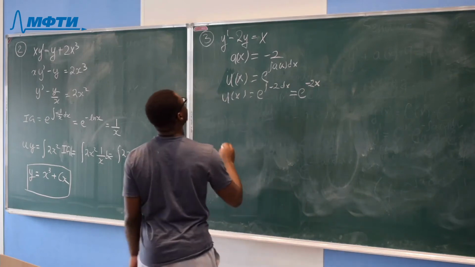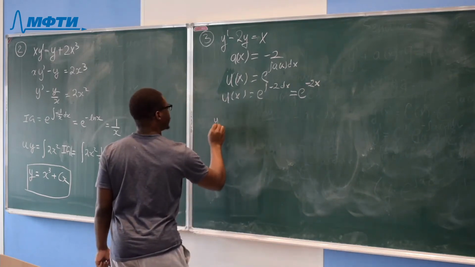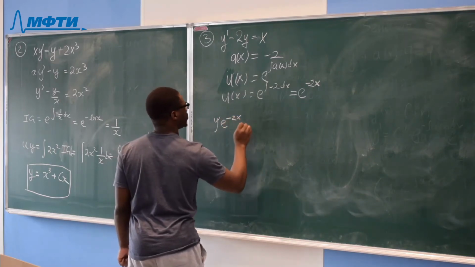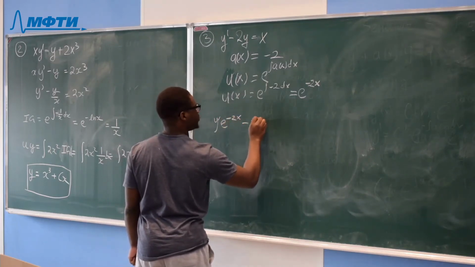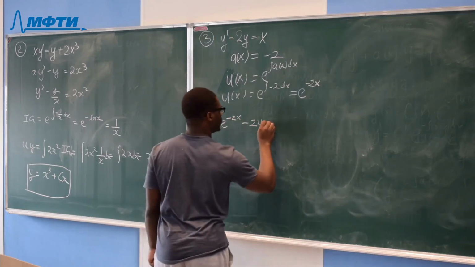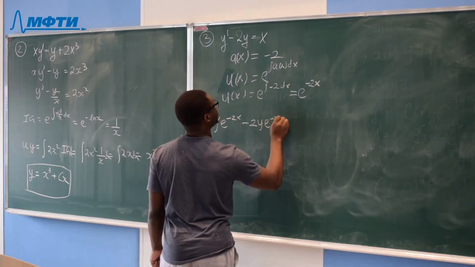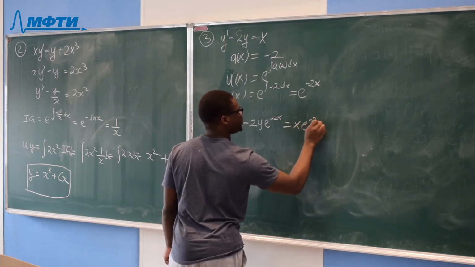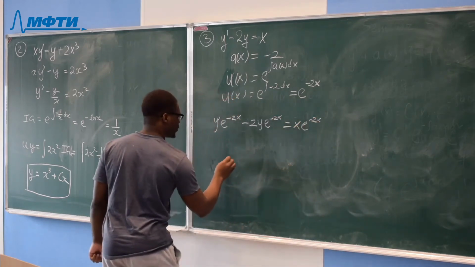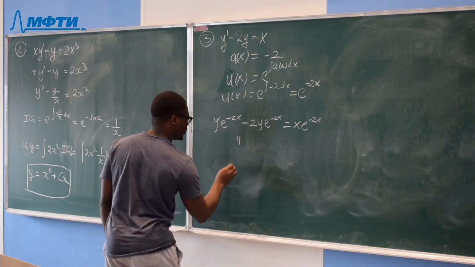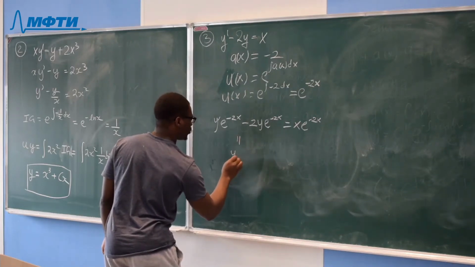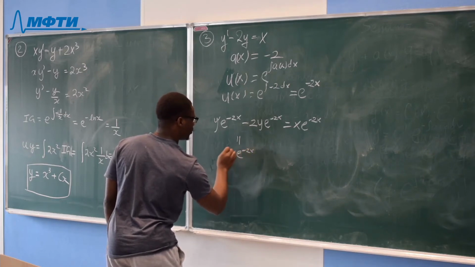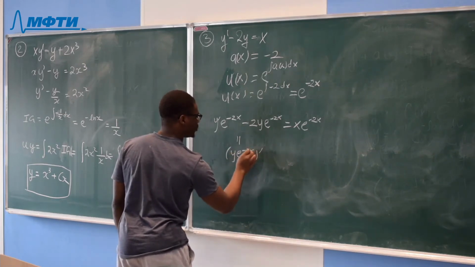Okay, correct. Multiply both sides by this integrating factor. And this is the derivative of what? Of y times the integrating factor. And you may check this.